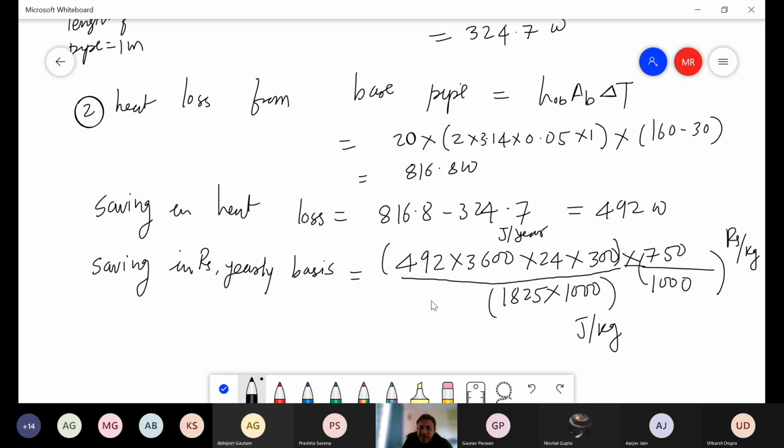So you can obtain the entire thing in rupees per year. Do you all agree? Yes or no? Does it make sense, whatever manipulation we have done here?